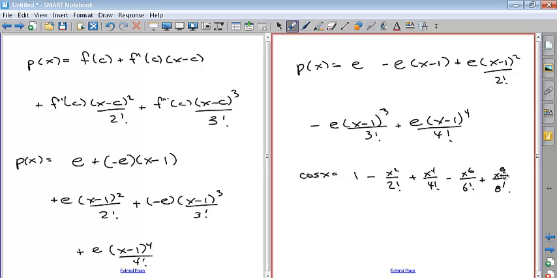So that would be 5 terms. I don't count the ones that go to 0, which are the x cubed. So this is 5 terms.